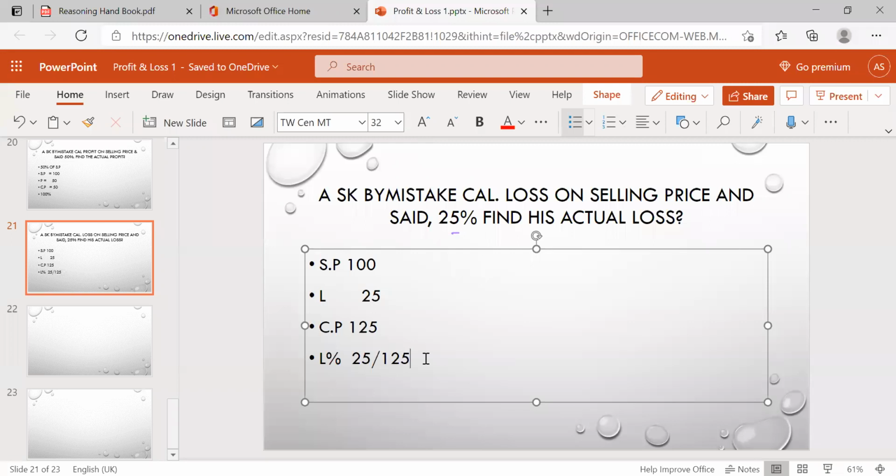Then into 100. It's nothing but 1 by 5, 1 by 5 into 100, which is 20%. The actual percentage is 20, but he calculated on SP, so that's the reason he got 25%.